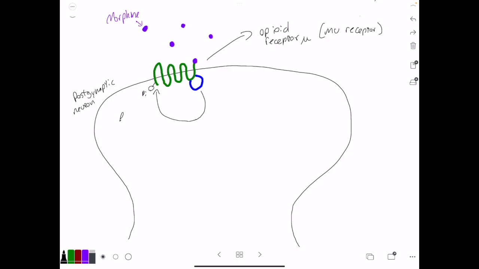I'll write it out here: phosphorylation of the mu receptor results in a decrease in affinity for this ligand itself.